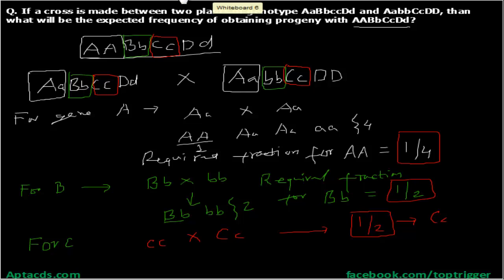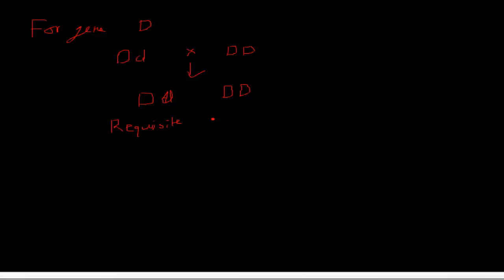So for gene D, we can write capital D, small d into capital D and capital D. So this is also going to give us the ratio of capital D small d and capital D capital D. So again, the requisite fraction for D is equal to 1 by 2.